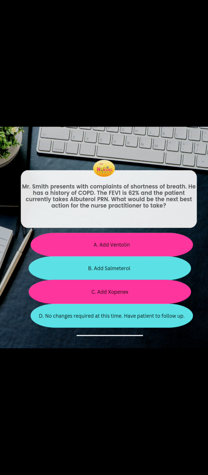But here, this FEV1 is 62%. That falls in the category between 50 and 80%, so that's your moderate stage of COPD, stage 2. If you're having difficulty, I have a COPD video, go check that out. With the moderate stage, we treat with a SABA or SAMA PRN, always having that rescue inhaler, which they already are on.